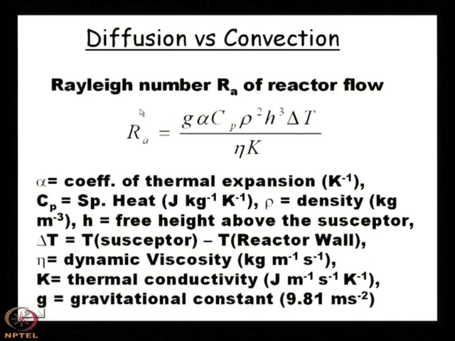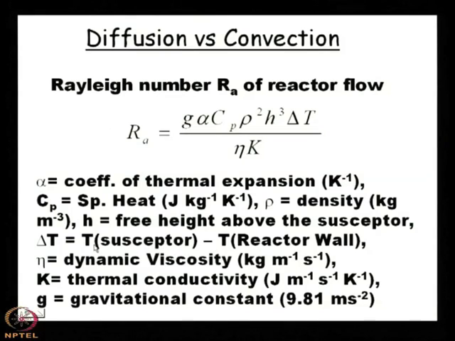So, to avoid that convection, we have to calculate the Rayleigh number. The Rayleigh number of reactor flow is given by G, which is known as the acceleration due to gravity or gravitational constant. Alpha is the coefficient of thermal expansion, Cp is the specific heat, rho is the density, H is the free height above the susceptor, and delta T is the temperature difference between the susceptor and the reactor wall.